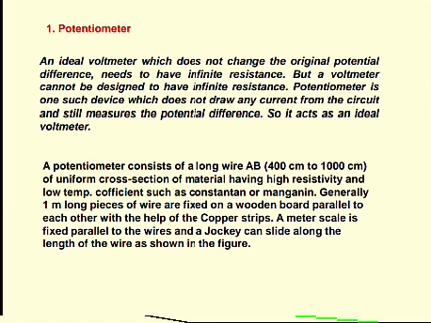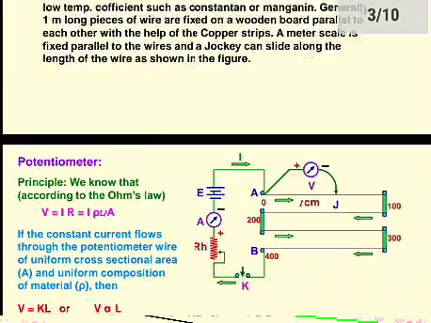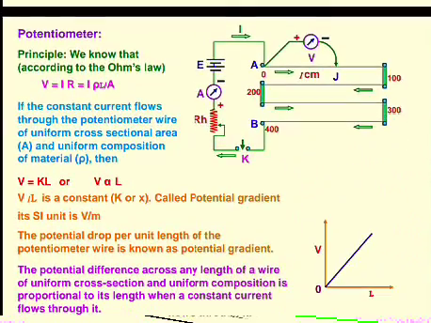Generally, 1 meter long pieces of wire are fixed on a wooden board parallel to each other with the help of copper strips. A meter scale is fixed parallel to the wire, and a jockey can slide along the length of the wire as shown in the figure. This is the basic structure of the potentiometer.